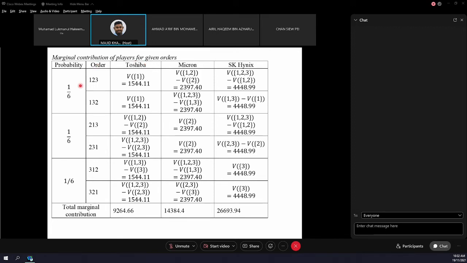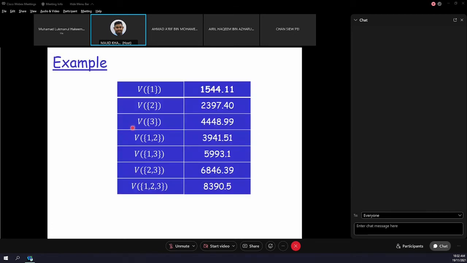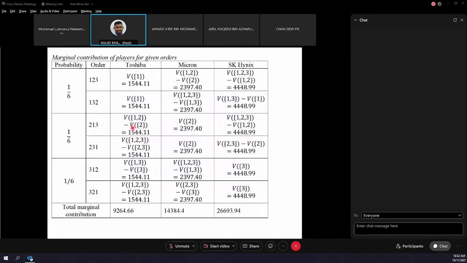Since you start from 1, the value on the first order is the value of the first player, which is 1544.11.